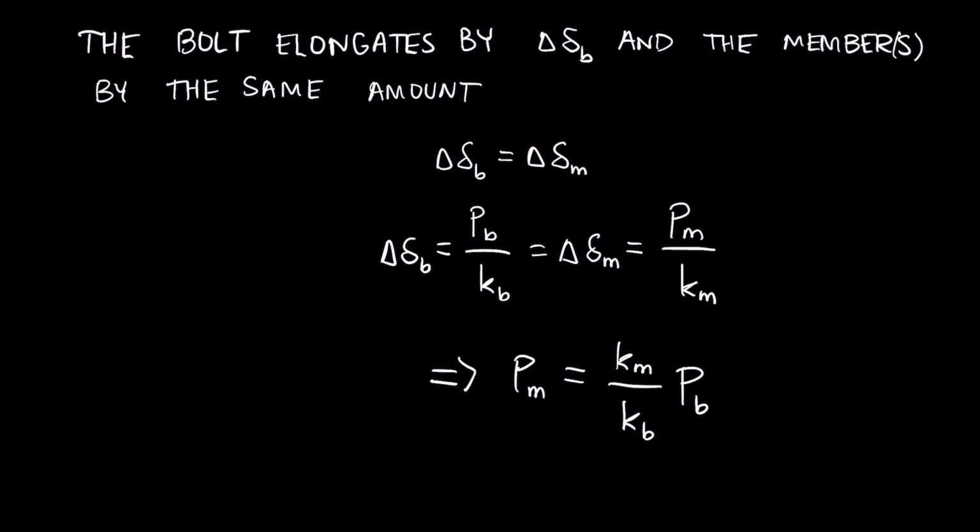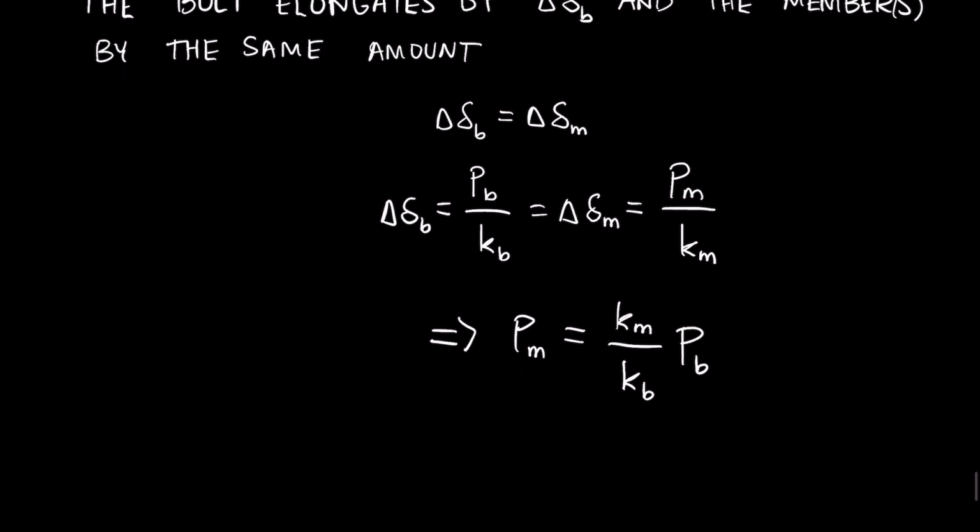So I don't know how much of the external load goes to the members and how much goes to the bolt just yet, but I do know that the total external load is equal to the sum of PB plus PM, right?